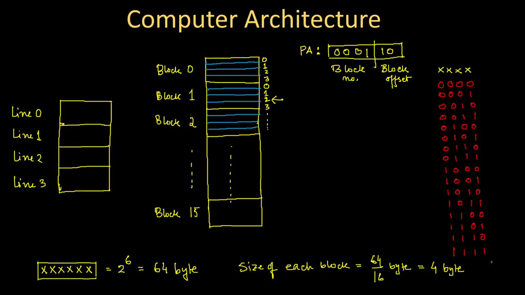Okay, so these are the 16 variations possible in this block number. So this represents block 0, this is block 1, block 2, and in this way total up to block 15.